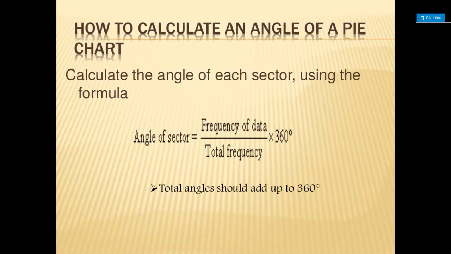The angle of sector is equal to frequency of data divided by total frequency multiplied by 360 degrees. Why have we taken 360 degrees? Because the total angle of a circle is 360. By using this formula, we can find out the degree of the given observation.